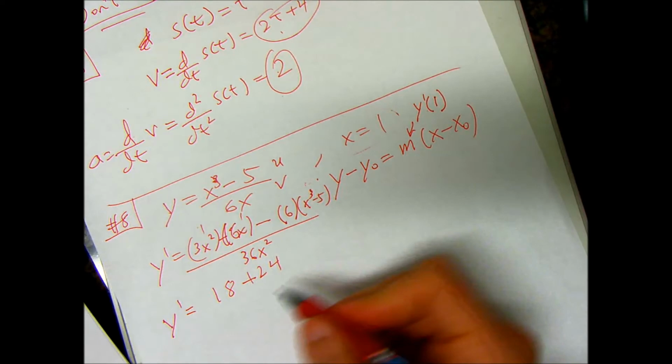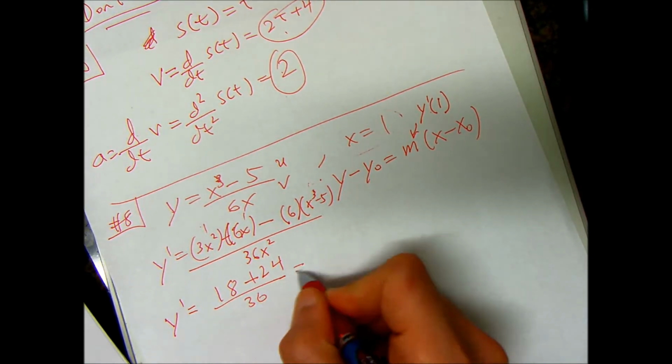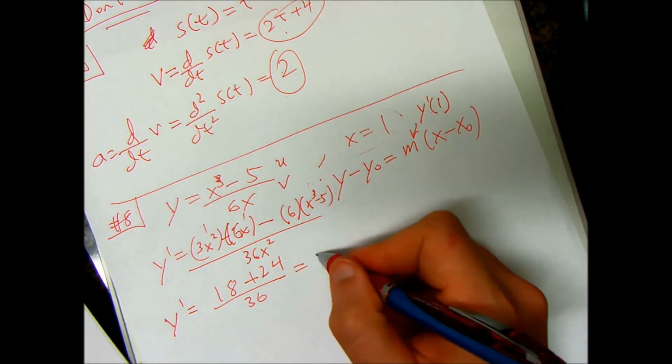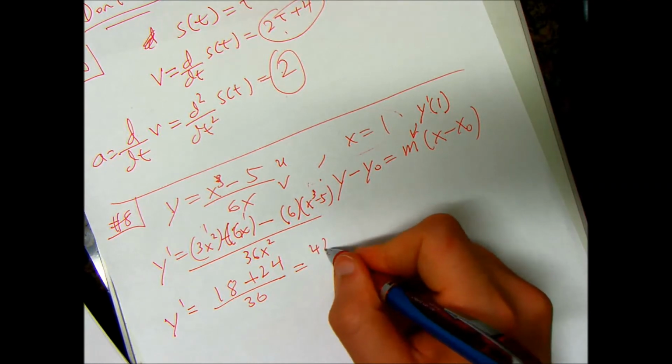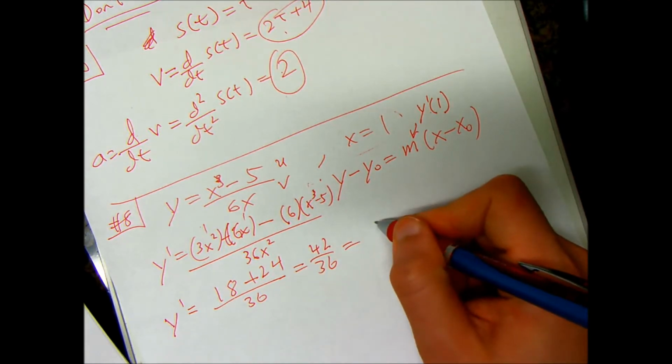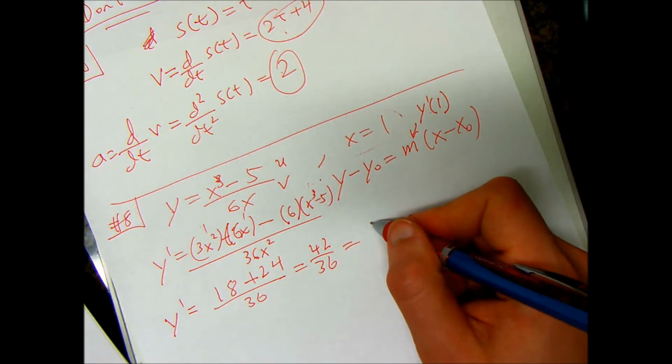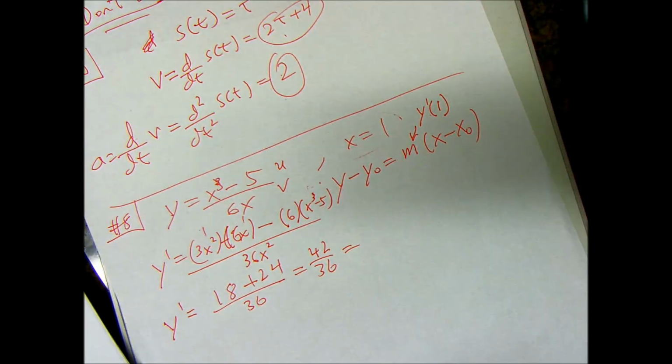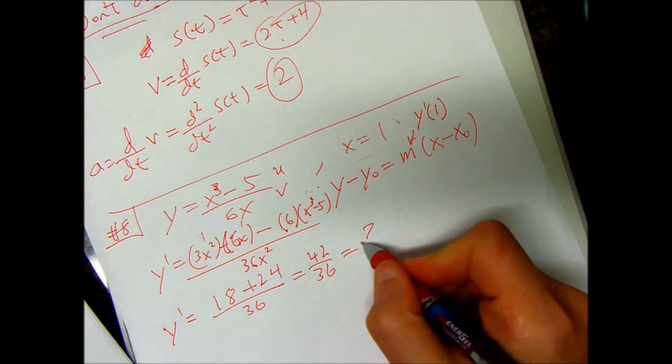Negative negative makes a positive, over 36, so this is 42 over 36, which turns out to be something. 2 is going to be 21 over 18. 3 would be 42 divided by 36. 7 over 6. I'm ashamed.